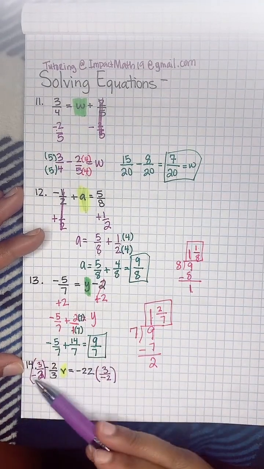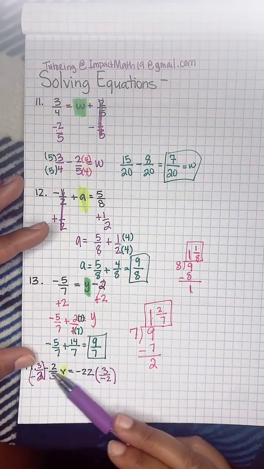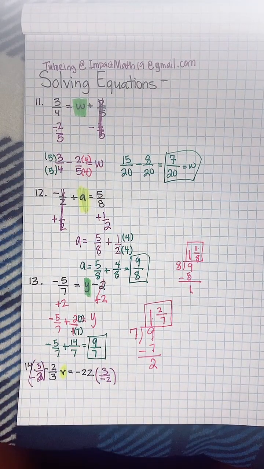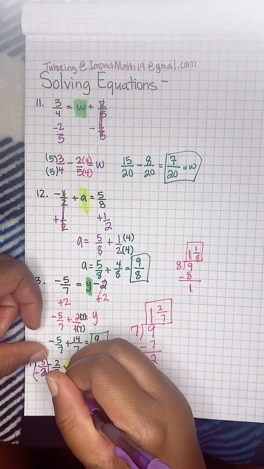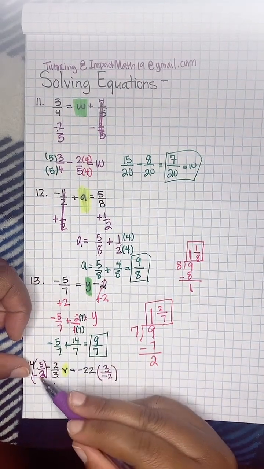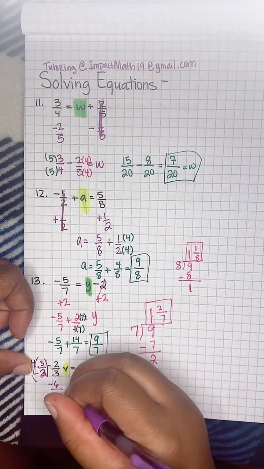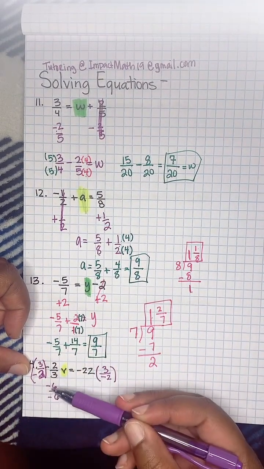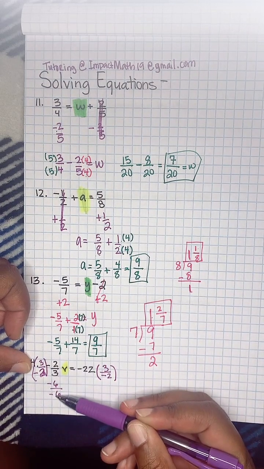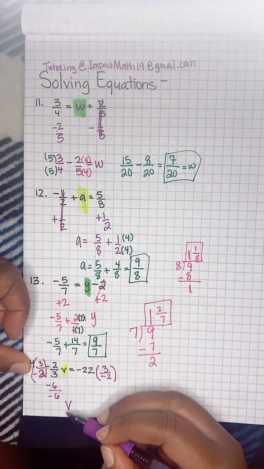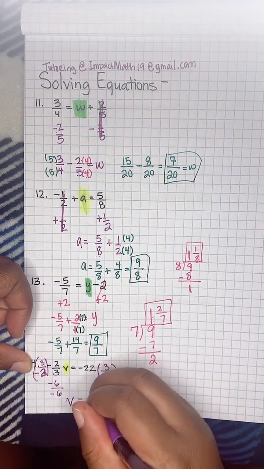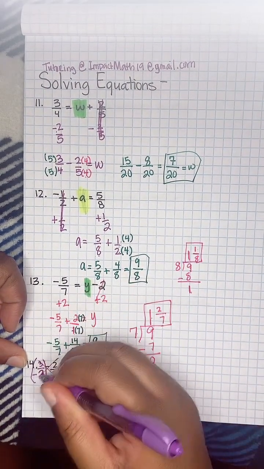See, when we multiply by the reciprocal, I want to break this down, okay? We get 3 times a negative 2, which is a negative 6, over negative 2 times 3, which is a negative 6. Negative 6 divided by negative 6 goes to a 1. That's why we have just y left. This is why they cancel out.